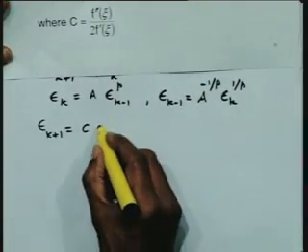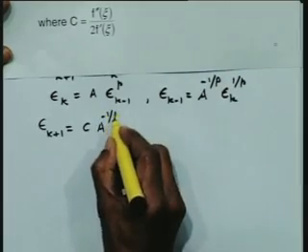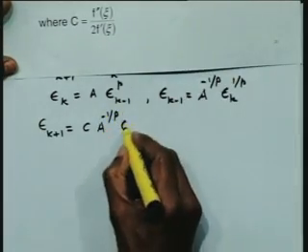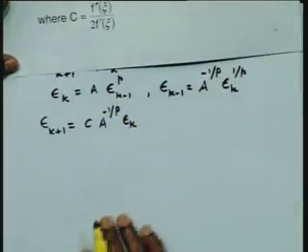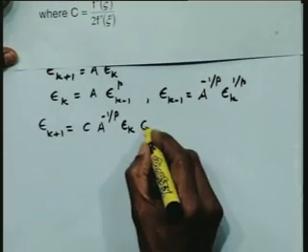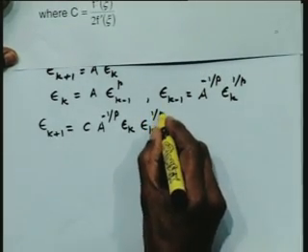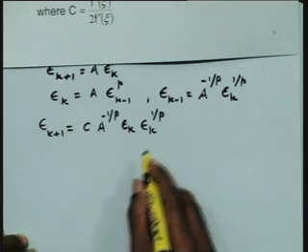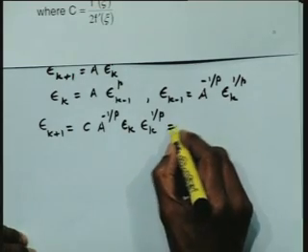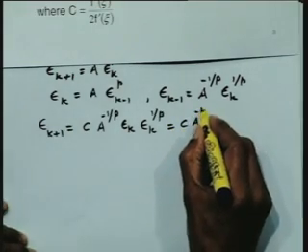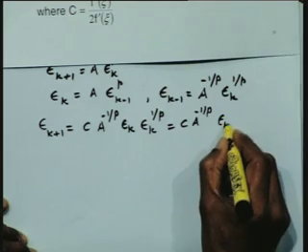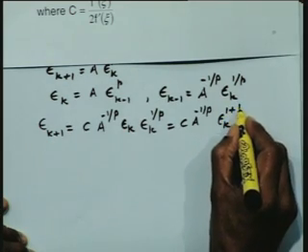So I would have a^{-1/p}, this epsilon_k is there, and now I have got epsilon_k to the power of 1/p. Now let us simplify this. This is c a^{-1/p} epsilon_k^{1 + 1/p}.